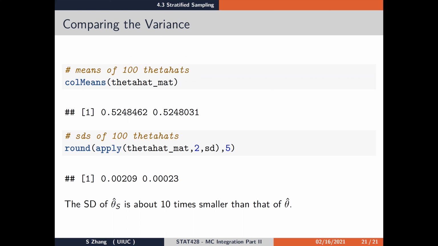You can see that here, the standard deviation of the theta hats obtained using stratified sampling is about 10 times smaller than that of the simple Monte Carlo theta hat, which means that we have achieved a significant increase in our efficiency.